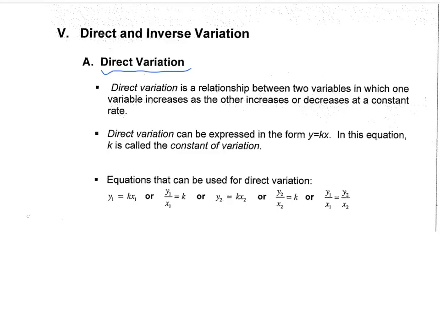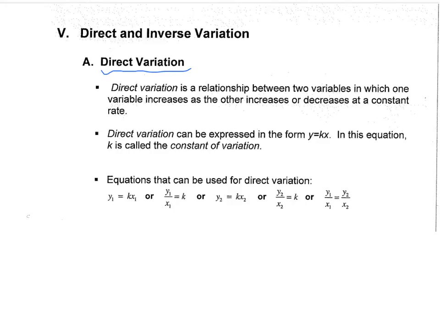Which means as one goes up, the other could go up, or as one goes up, the other one could go down. Direct variation can be expressed in the form of y equals k times x. In this equation, k is called the constant of variation. Equations that can be used for direct variation are all of the following. Or, add this one in.